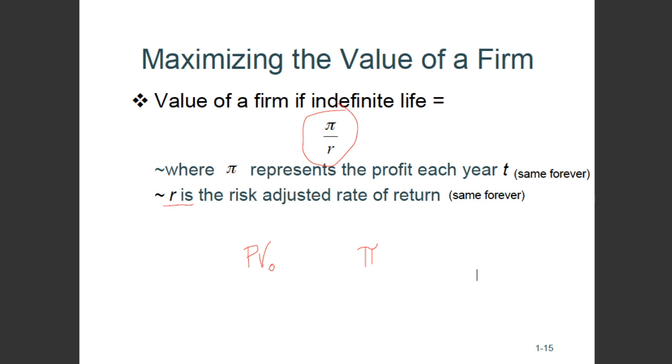And what else is the same? The firm exists forever. That's another assumption. So then you're going to get pi forever. It's like the value of the firm pays R forever each period to give you pi.